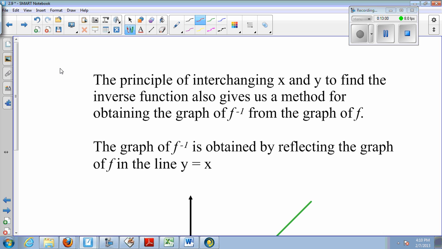The principle of interchanging x and y to find the inverse function also gives us a method for obtaining the graph of f inverse, given the graph of f. All you do is reflect it over the line y equals x.